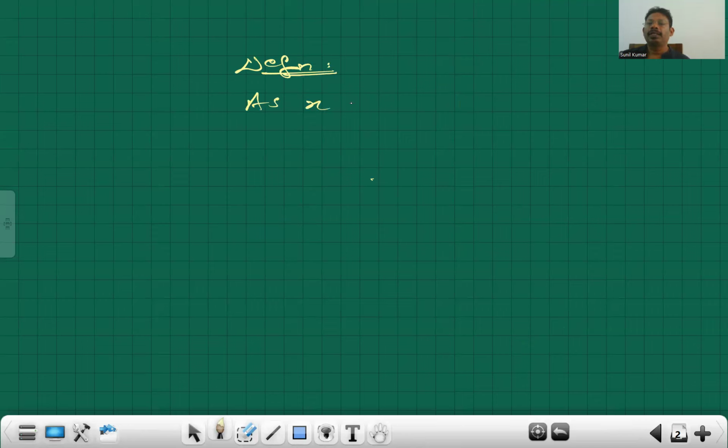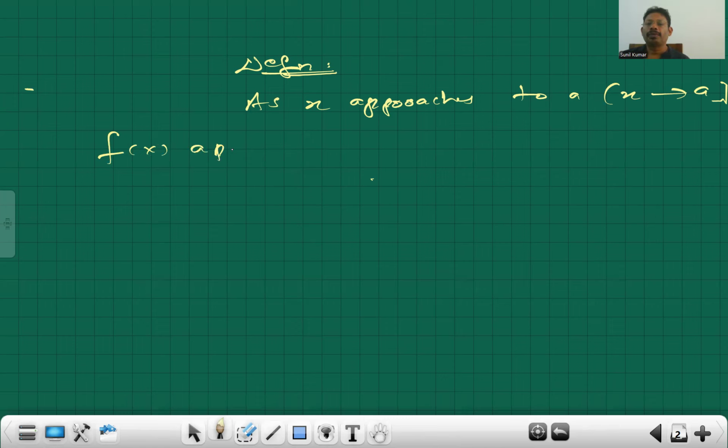This is the way. As x approaches a, in brackets I can write it like this: f(x) approaches a unique value.